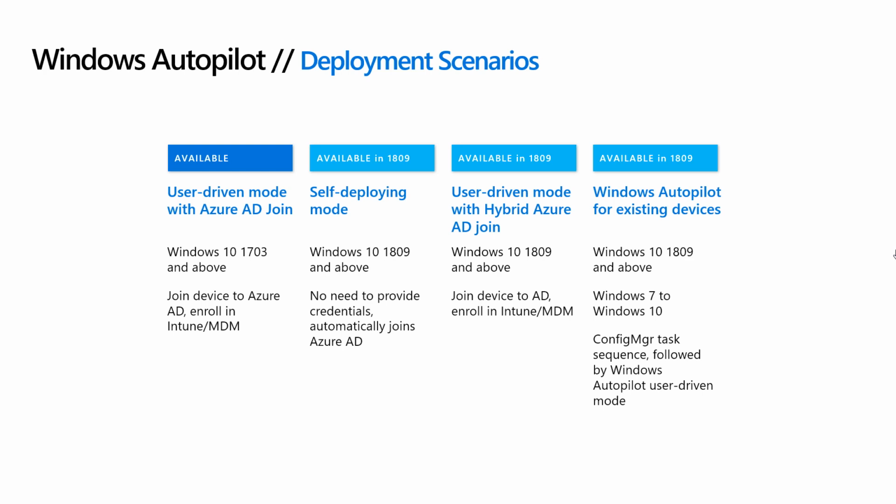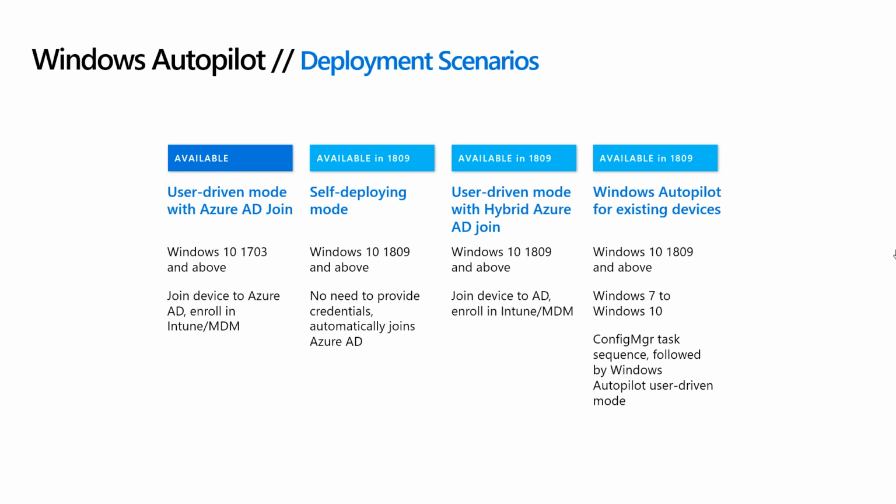The next scenario is available in 1809 and later. It's a self-deploying mode, so you don't need to provide credentials. I will talk about that later. It's good for kiosks in airports, for example, or for schools, universities, when you do not have a specific user and you cannot assign a device to a specific user like you do for a commercial company.